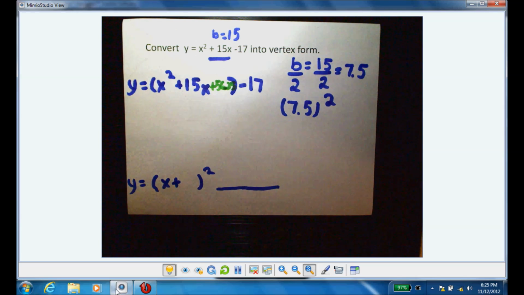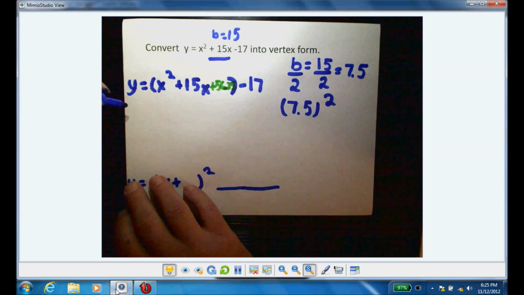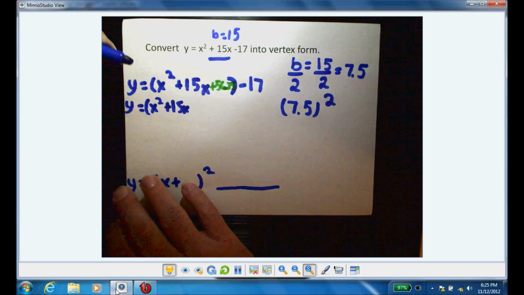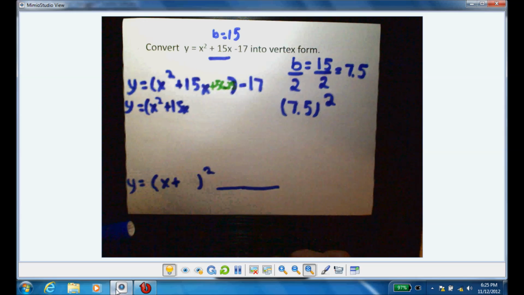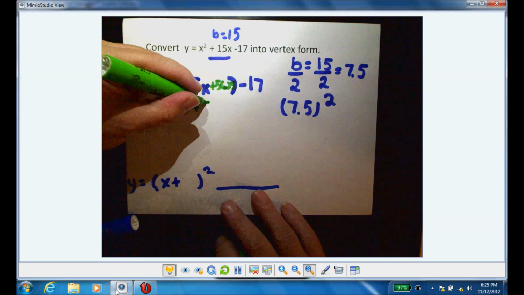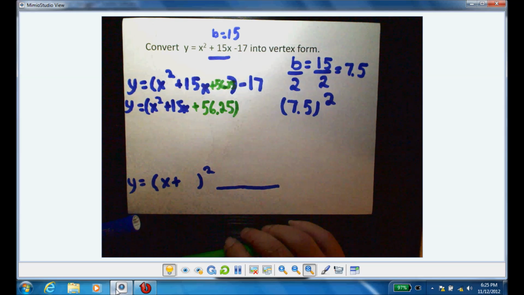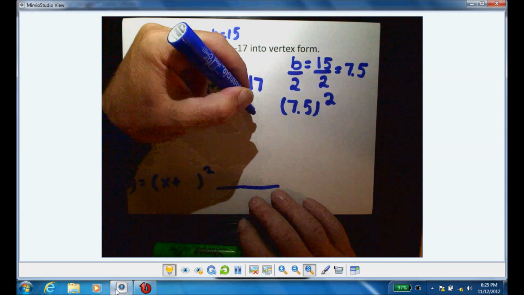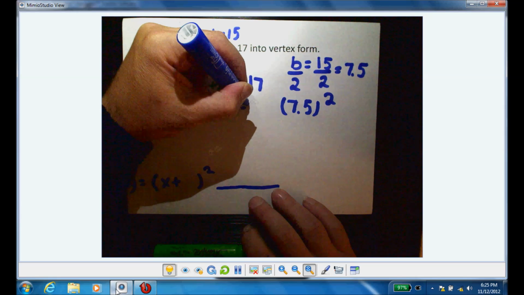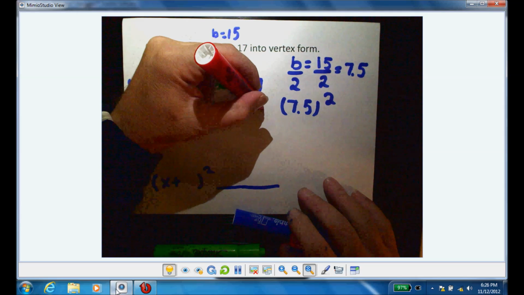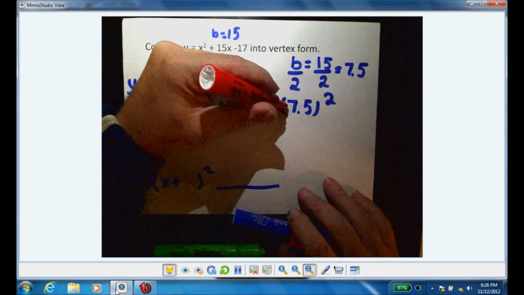Let me rewrite this so it's a little bit neater. It's going to be y equals x squared plus 15x plus 56.25, and then on the outside I'm going to put minus 17, and then to make everything stay the same, I'm going to put minus 56.25.